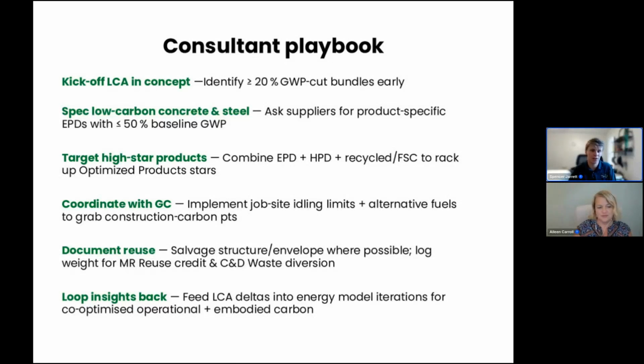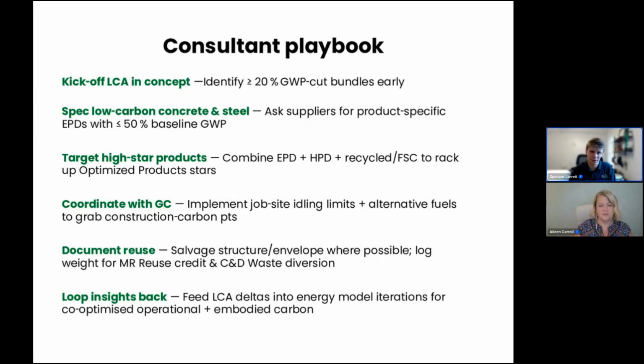Having those EPDs in hand, or at least for the ones that don't have EPDs yet, letting those manufacturers know that you work with that it's required now, or it would really go a long way with helping you get your project LEED certified, will help them and help you get that project certified.